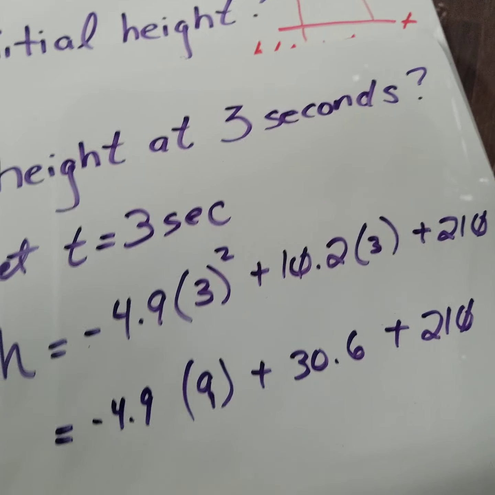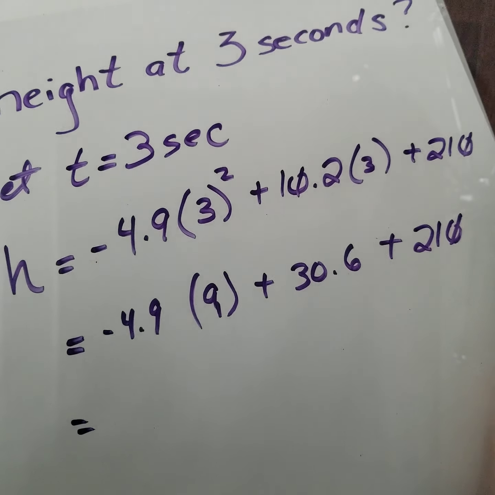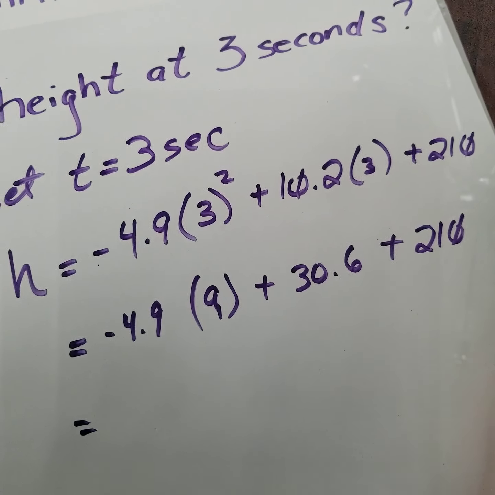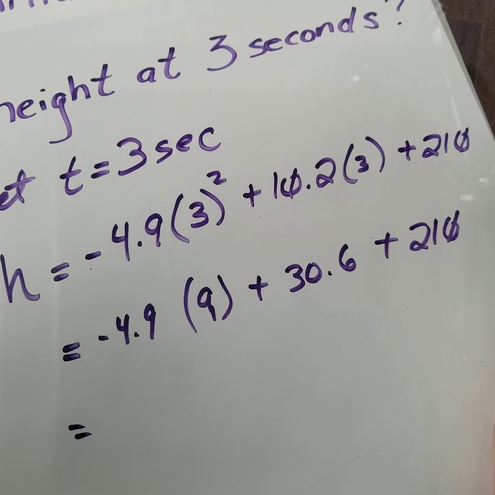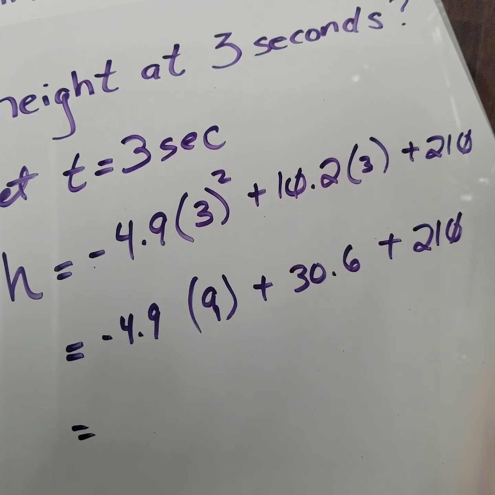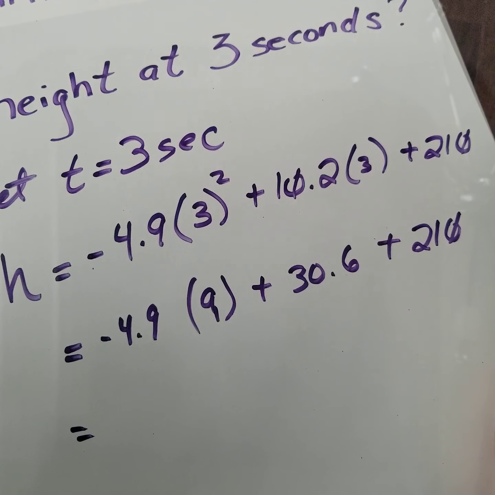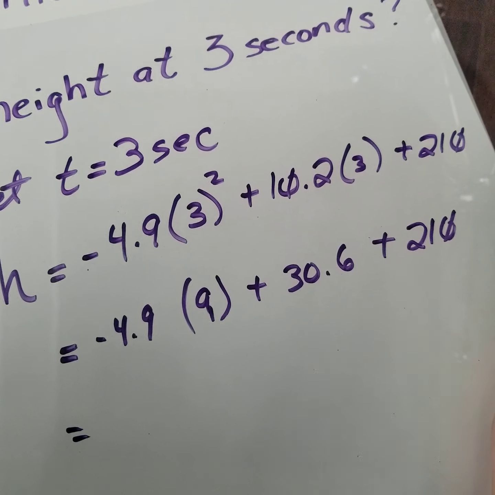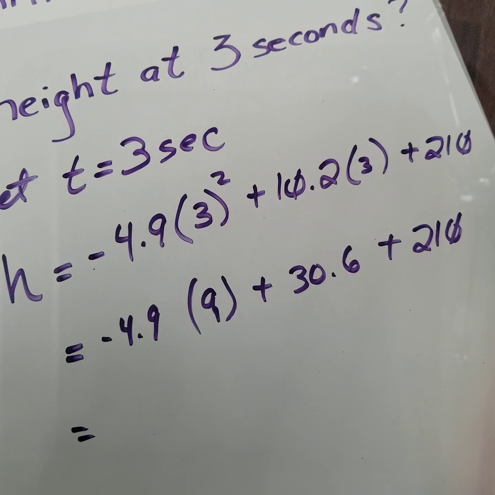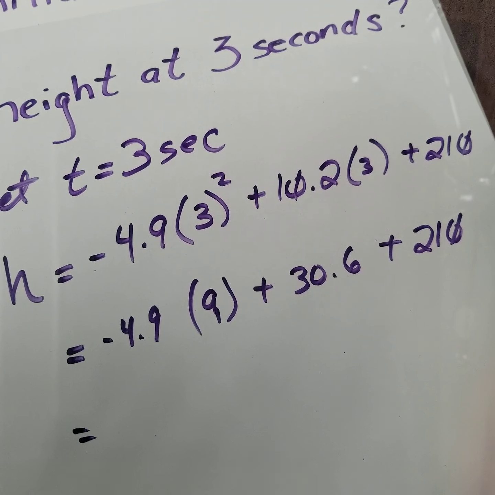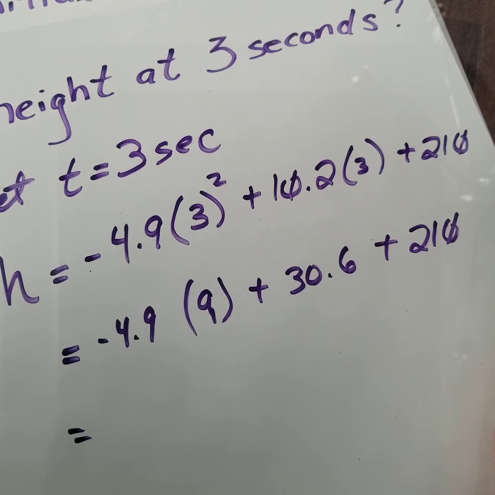Then I'm going to use a calculator to simplify this. I'll just go here. You guys hopefully are doing it with me as well. So I'm going to have negative 4.9. I'm multiplying this by 9. And then I'm adding 30.6.